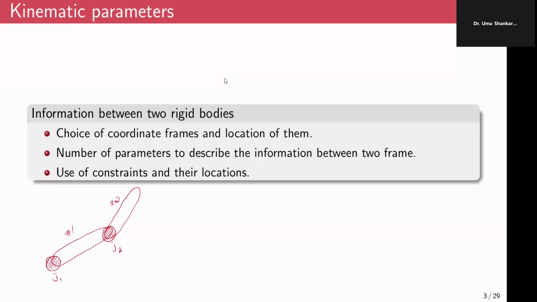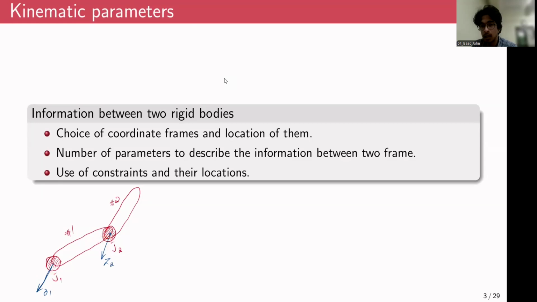They only support one degree of rotation about the joint axis, and the joint axis can be considered coming out of the plane. Maybe if I depict the out of plane axis using this Z axis, I'll label this as Z1 and the second joint as Z2. Either of these links, link 1 will rotate about this Z1 axis and link 2 will rotate about the Z2 axis.